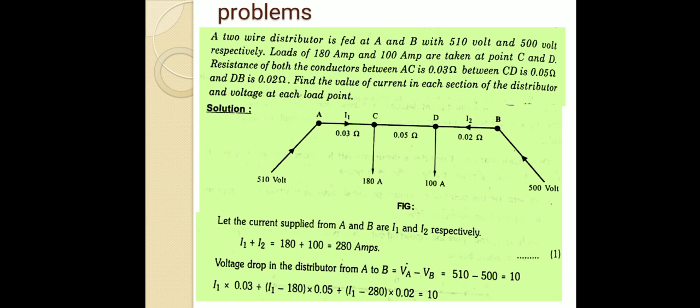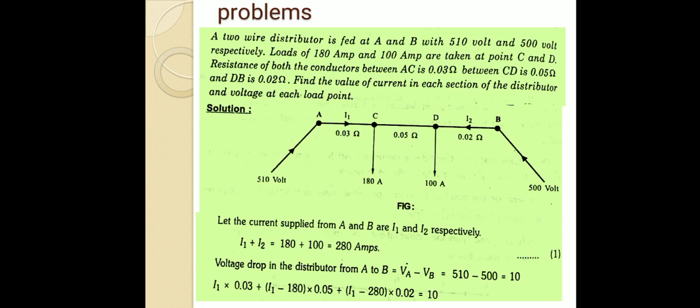The diagram is given. This problem has unequal voltages, that is at feeding point A it is 510 volts and at feeding point B it is 500 volts.